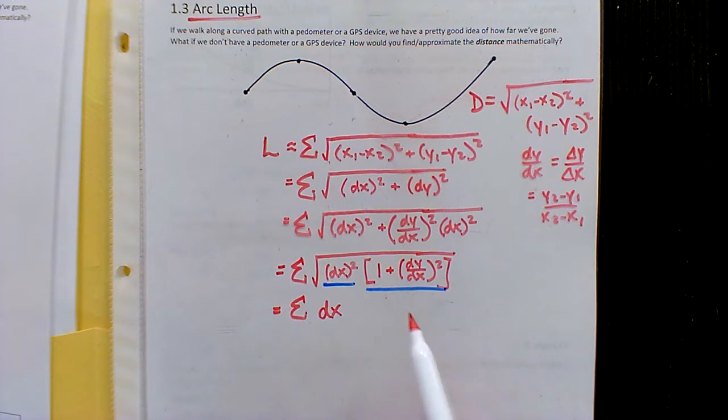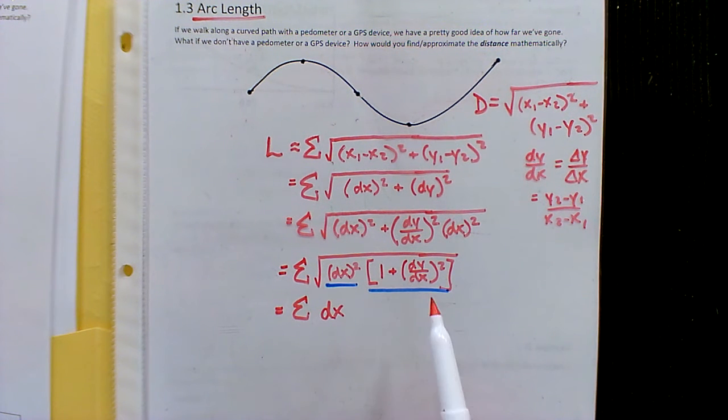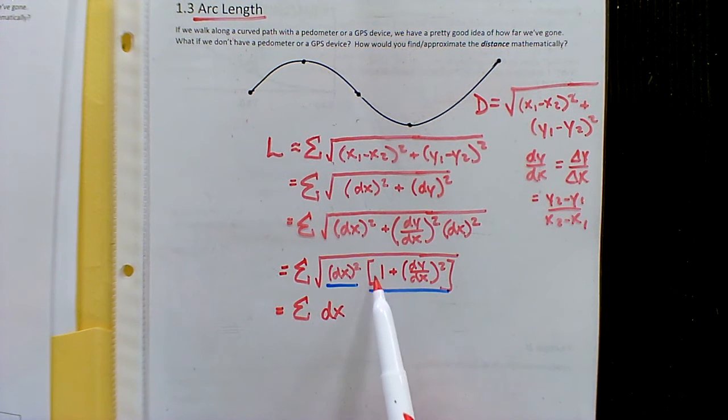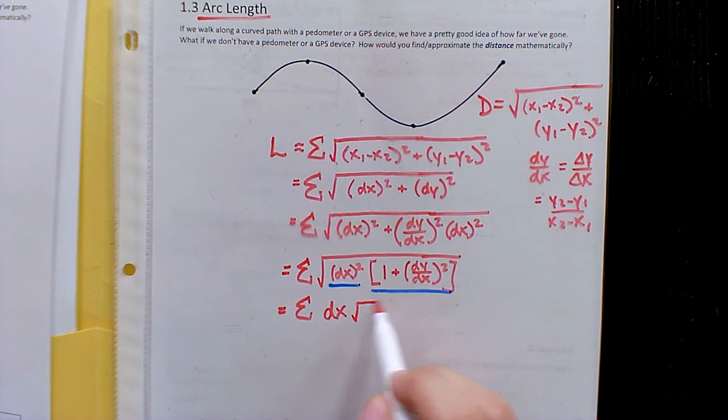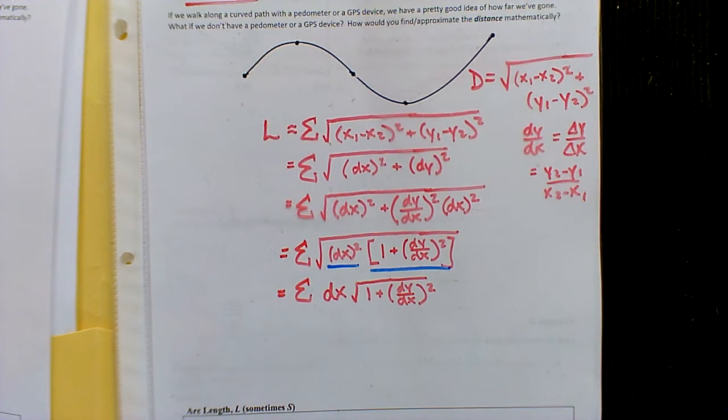You're adding two things together, so you cannot break that apart into the square root of 1 and then the square root of dy over dx. Whenever you're adding or subtracting inside of a square root, things go a little crazy. You cannot break up those individual pieces. So this section is just going to stay as the square root of 1 plus dy over dx squared.